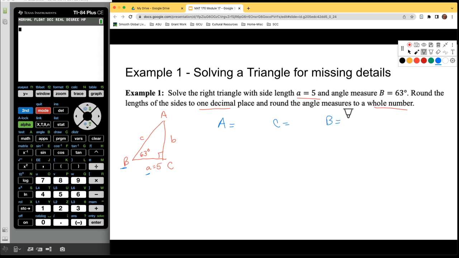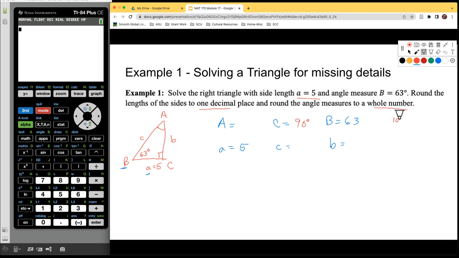We already know B, so we'll put that in there, 63, and then underneath little a, which we know is 5, little c, little b. Now, big C, we also know, I'm going to put this in red, that that's 90. They didn't give it to us directly, but because that's the right triangle. So then what we can do is find angle A by simply adding these C and B together and subtracting it from 180.